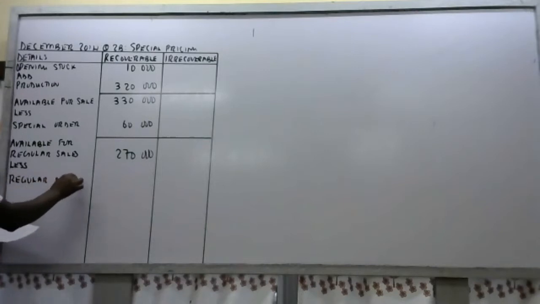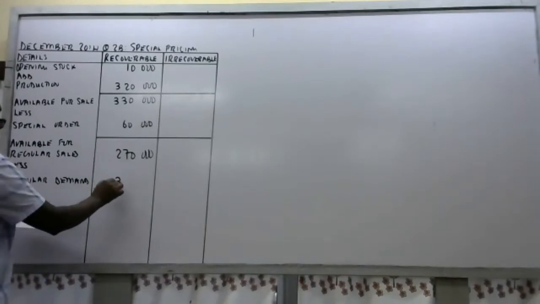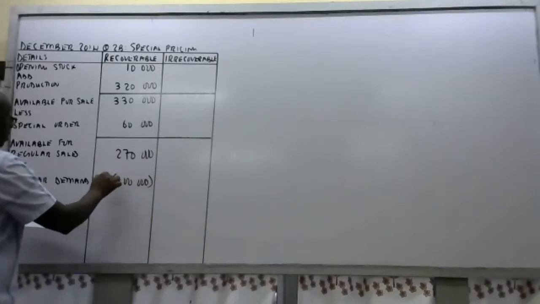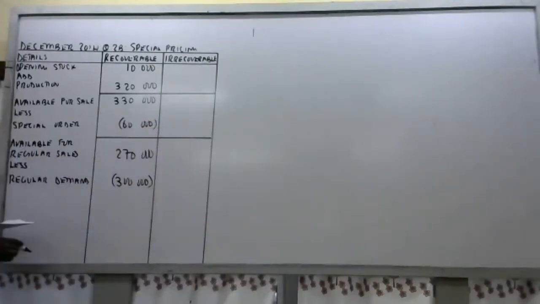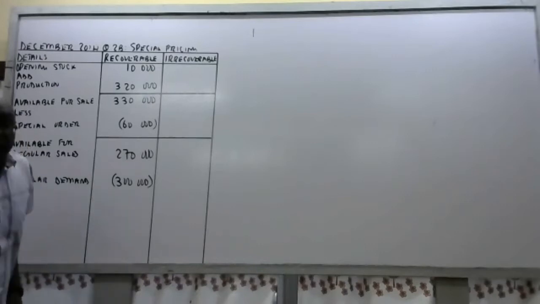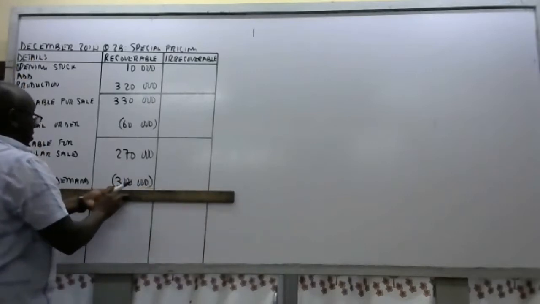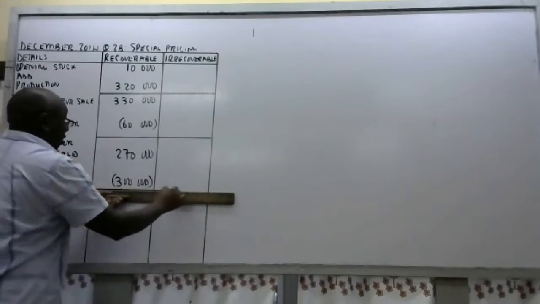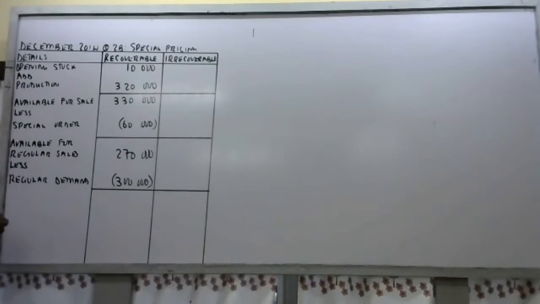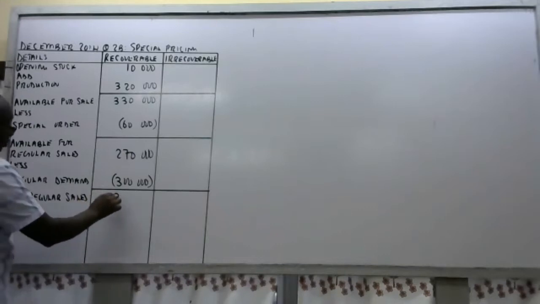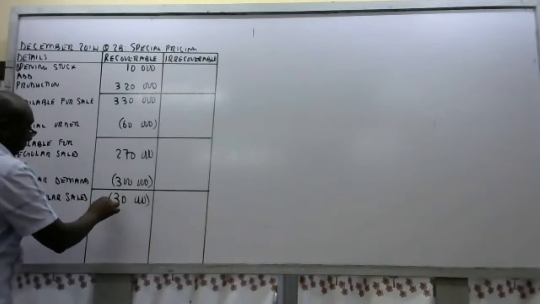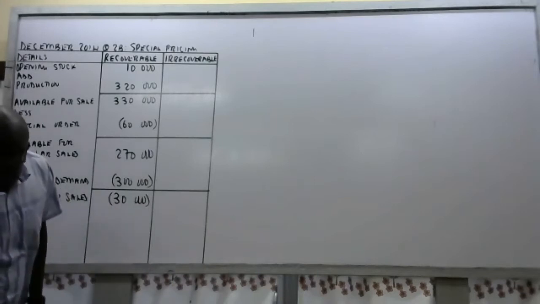So regular demand, according to information 3, is 300,000. When you do that, you get a figure we will call lost regular sales. So we are going to lose 30,000.